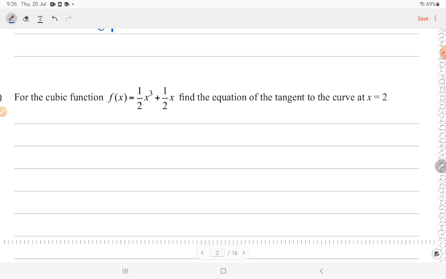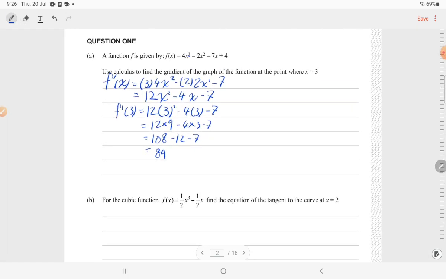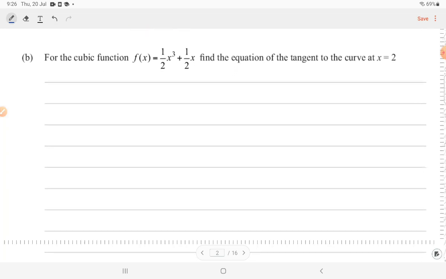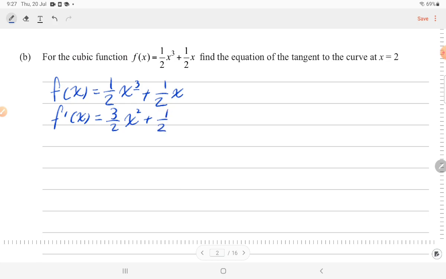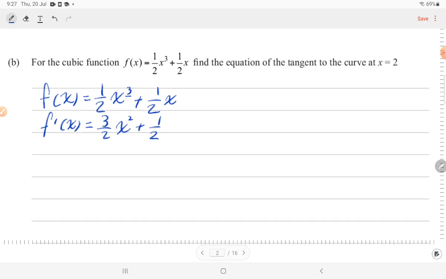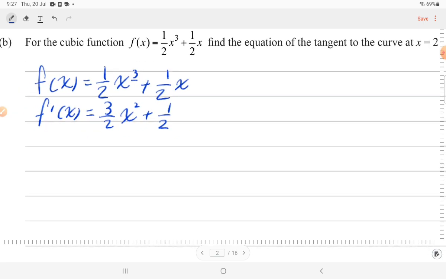So to find the gradient, we take the derivative. So f of x is equal to half x cubed plus half x. F dash of x, take the derivative. So we bring the 3 down, so 3 over 2, then take 1 off the power, so 3 over 2 x squared plus, and the half x just disappears to half. F dash x is equal to 3 over 2 x squared plus half.